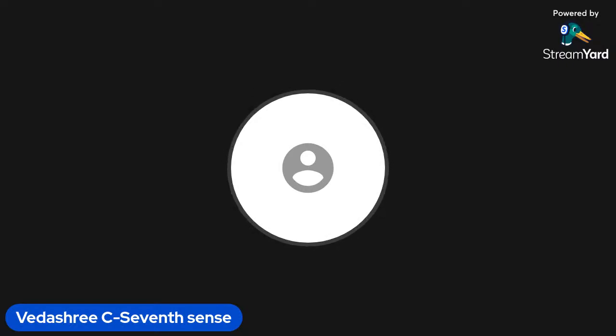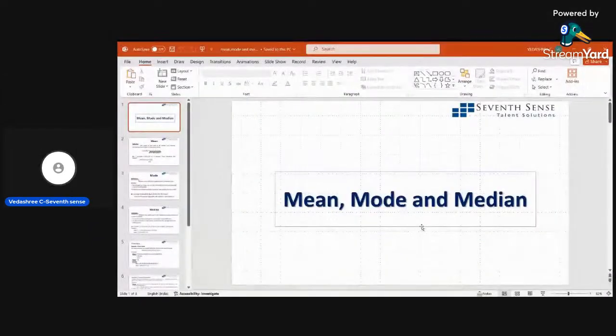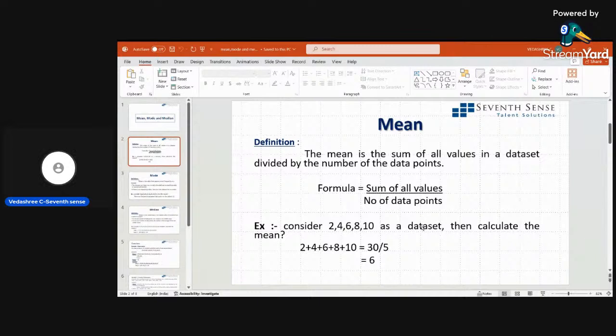So we have some formula here. Mean, mode, and median. What is mean? Mean is nothing but an average. How will you calculate the average?